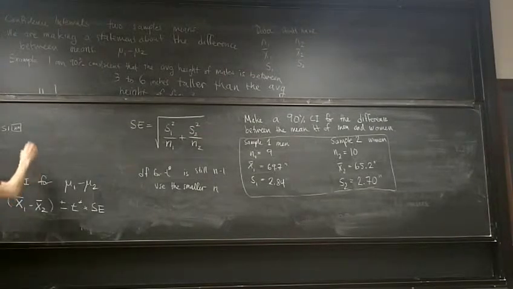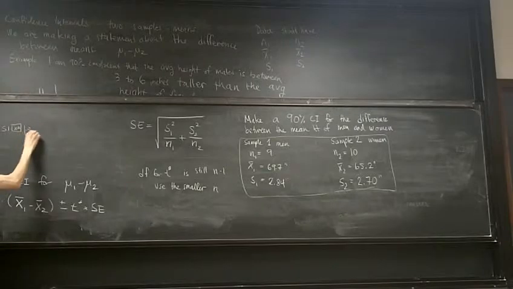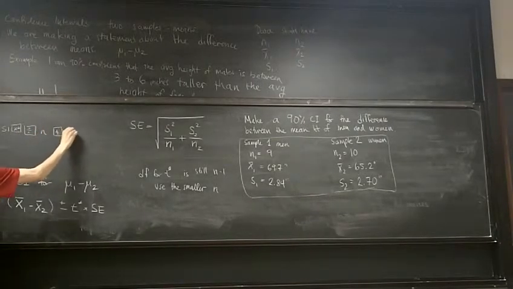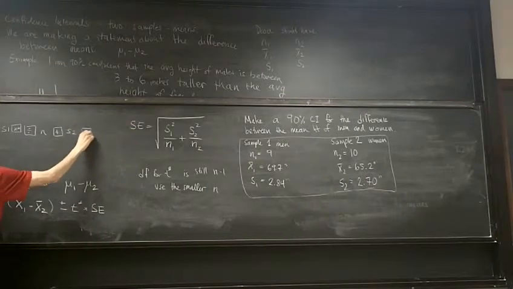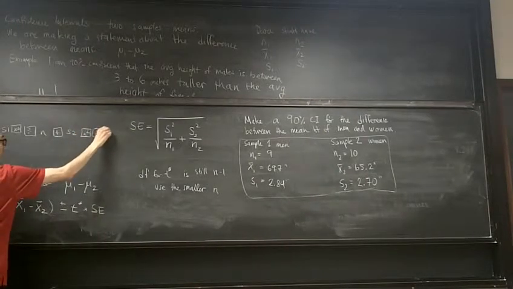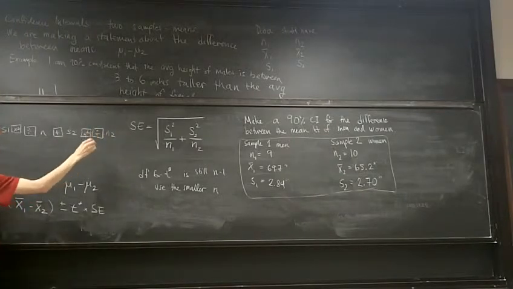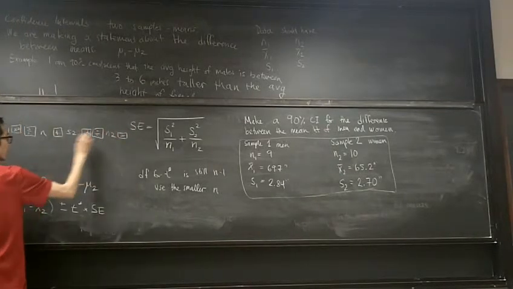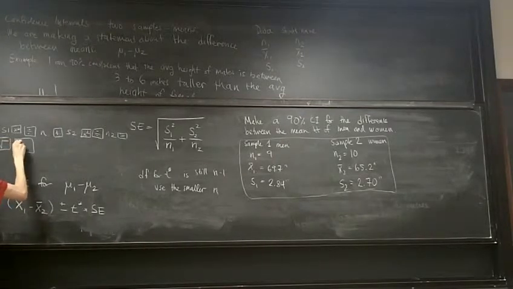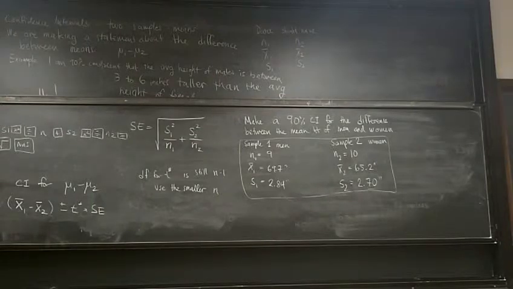Divided by n1, plus S2 square button, divided by n2, equals. And then square root button.